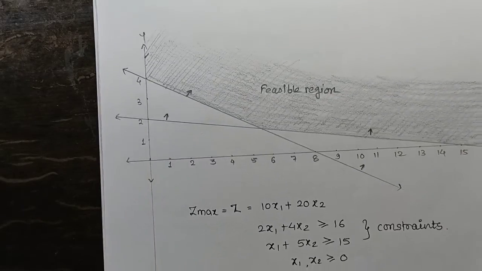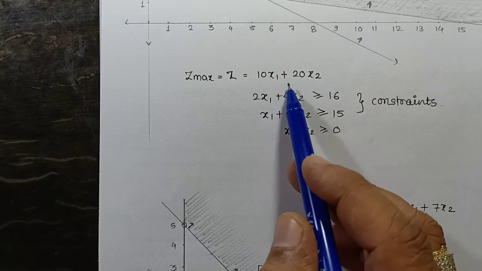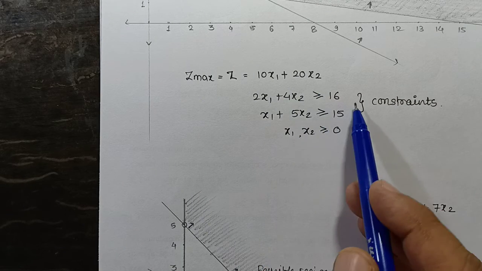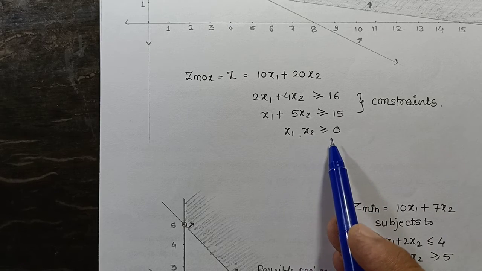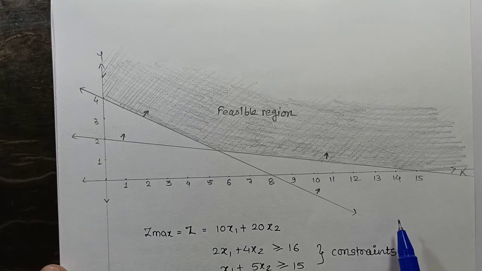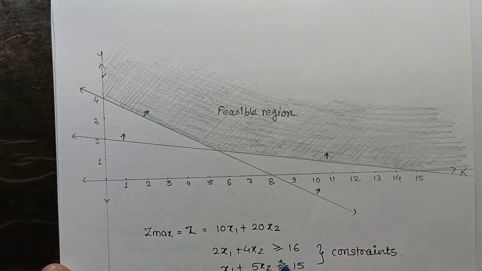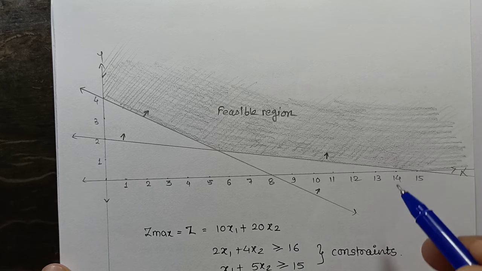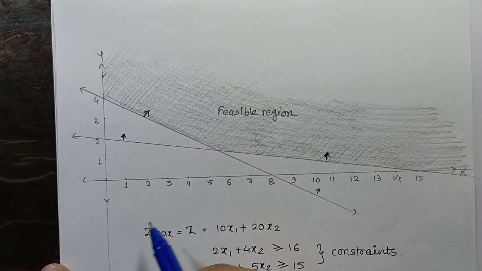Now let's see the given problem, that is Z max is equal to 10x1 plus 20x2, and these are two constraints given, and this is a condition of non-negativity. When I draw this kind of diagram I'll get graphically. Now here they are asking for a maximum value. Since if you look at the symbols, you will find that it is away from the origin, so I have to consider an area which is away from the origin.